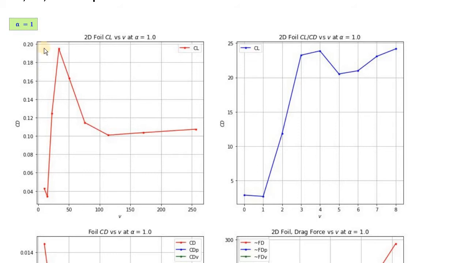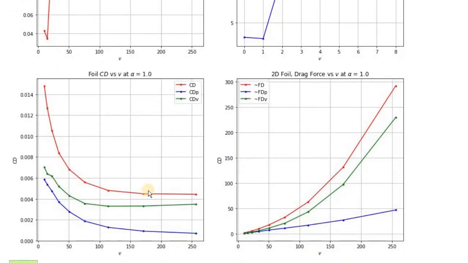At angle of attack alpha equal to 1, we see that the lift coefficient grows until it reaches approximately 40 meters per second, and then it drops. And drag behaves again as we expected, as we have seen previously.